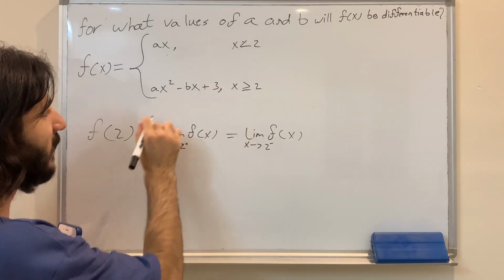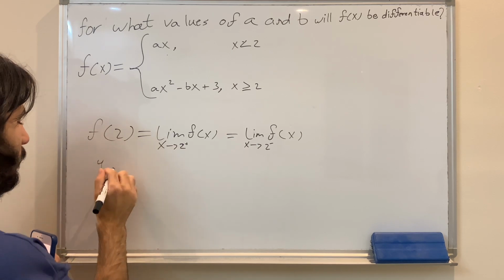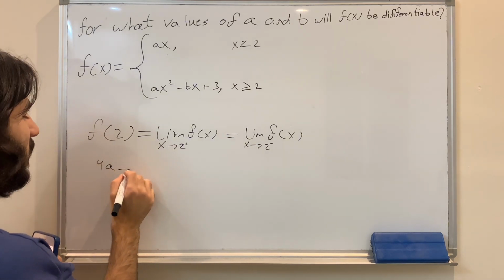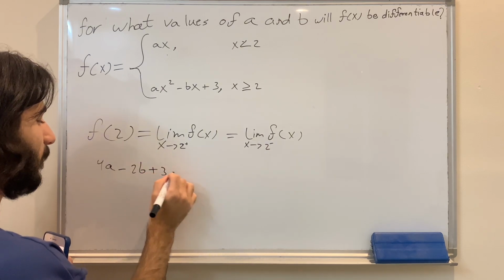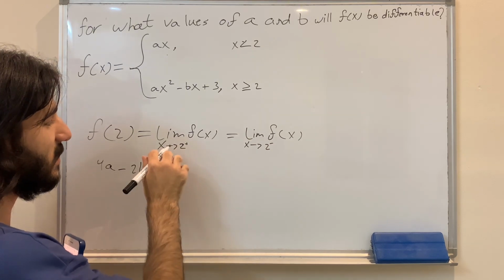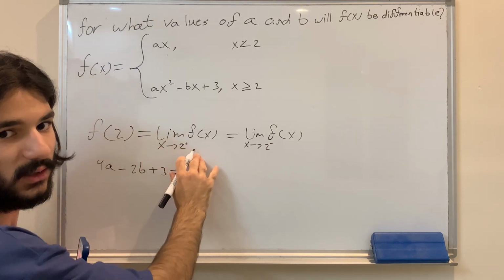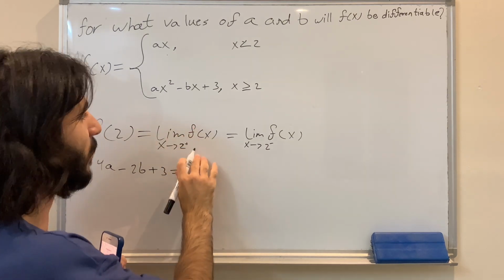And when we plug it into this quadratic function, we're going to get 4a minus 2b plus 3 equals, now this is the limit as x approaches 2 from the right.